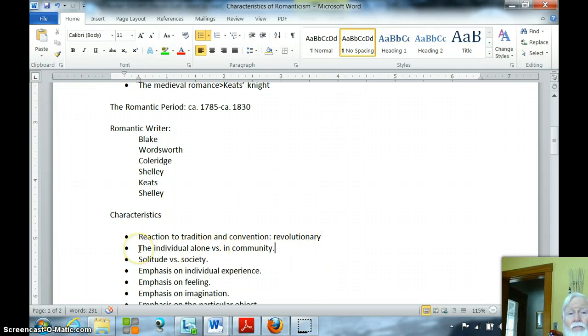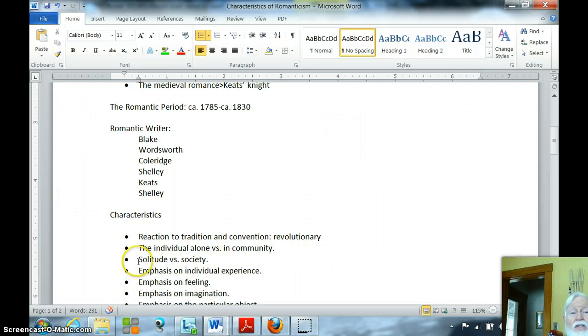So, moving along, their focus in their work was the individual, and not just the individual in general, but the individual alone rather than the individual in the community.